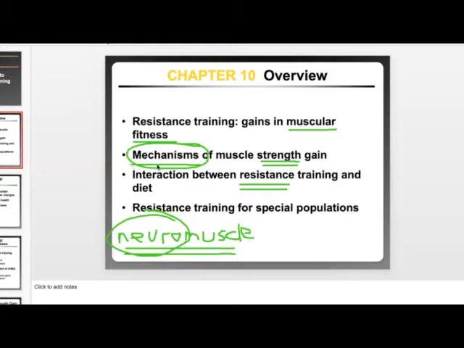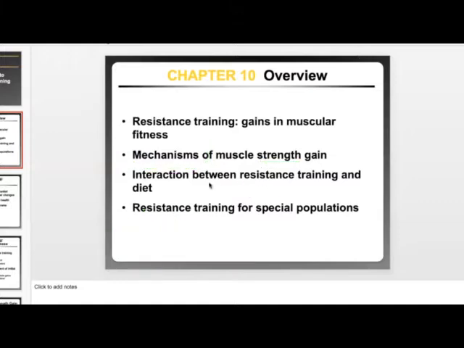So there are a number of different mechanisms or ways in which an individual can gain strength, and we're going to talk about those mechanisms. Now, it's not like we're in a vacuum here. We also have to incorporate some principles of diet in regards to increasing muscle strength, because increasing muscle mass requires some type of fuel.